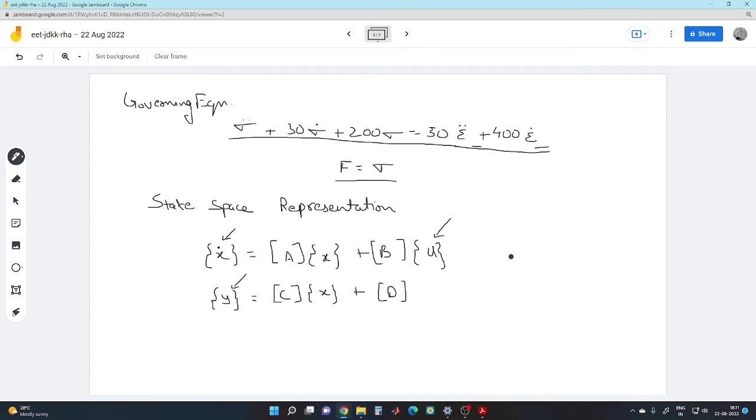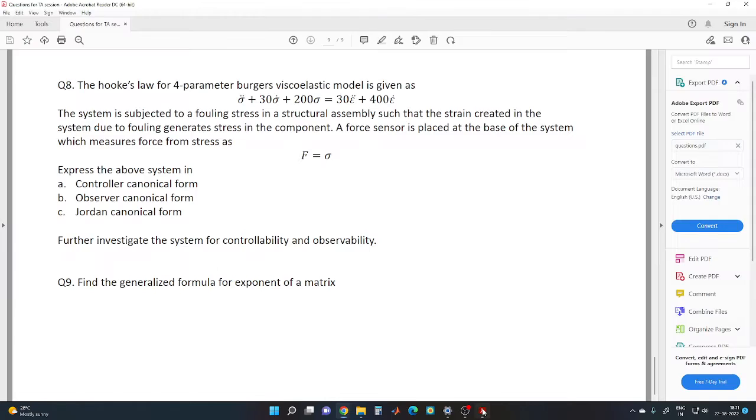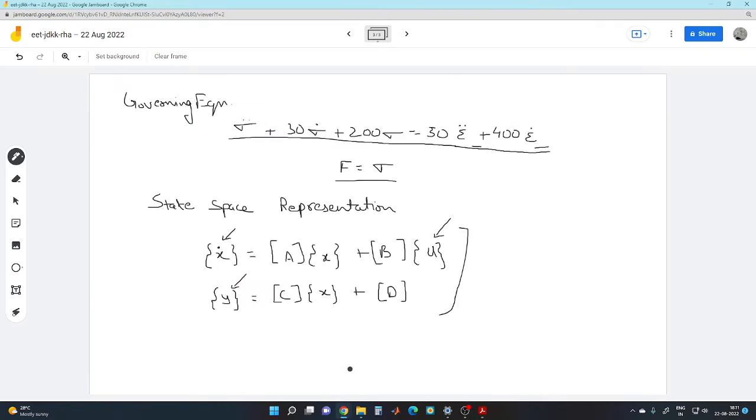So using this expression, what we actually need to find for state space representation according to the question is the controller canonical form, observer canonical form, and Jordan canonical form. So first we'll go for the controller canonical form.